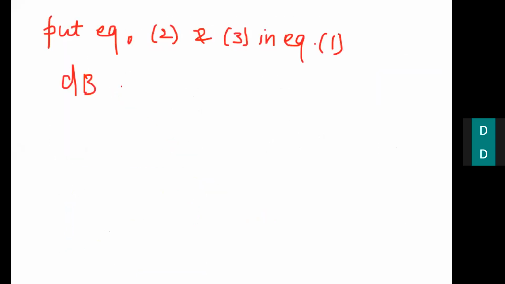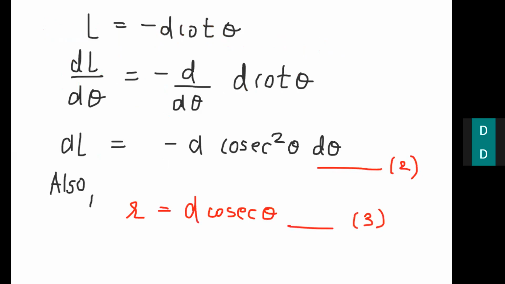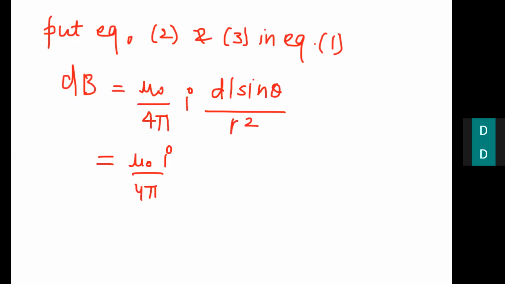dB is equal to mu 0 upon 4 pi into dl sine theta upon r square. So mu 0 I will be as it is, and for the value of dl we already have equation 2, so we will be writing that.